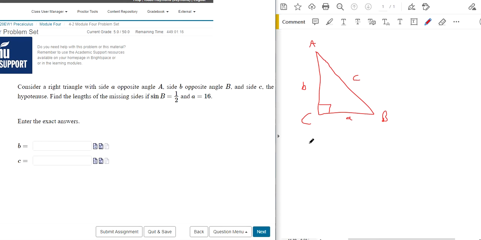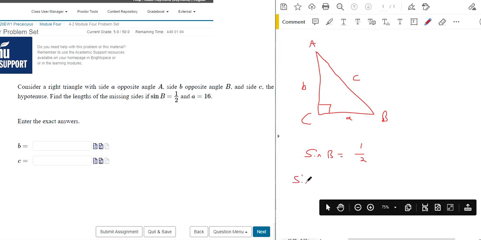Find the lengths of the missing sides. We're told that sine of B equals 1/2. In order to get B by itself in this equation, it's the sine function of B, so you can use the inverse sine function, but you have to keep the equation balanced by doing that to both sides.